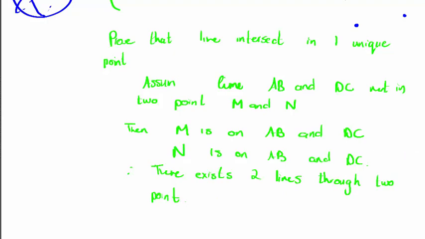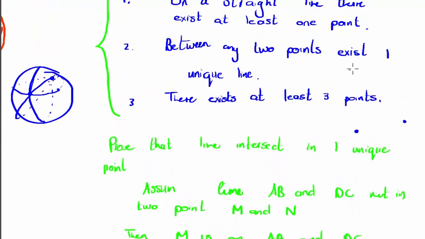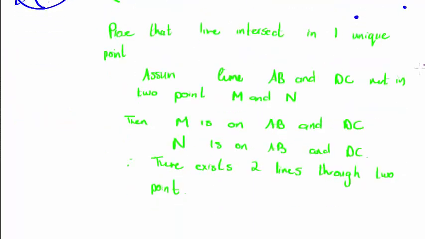And that contradicts our assumption that between any 2 points there exists 1 unique line. You see, we come to a contradiction. So this can't be true and this true at the same time. In other words, A cannot be not A. But we have to assume this is true in order to go on.